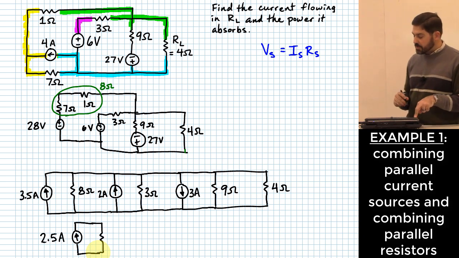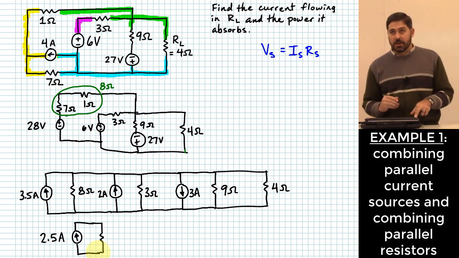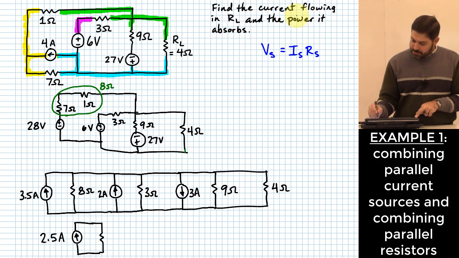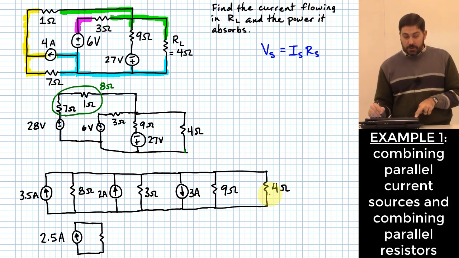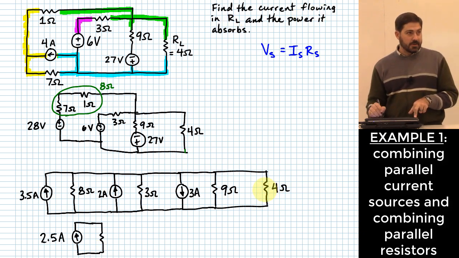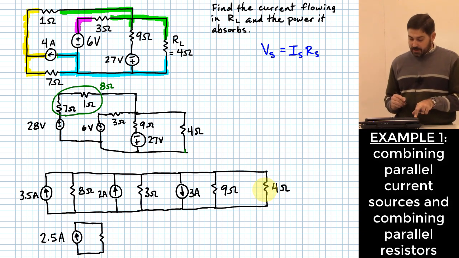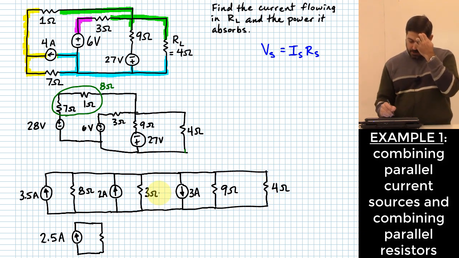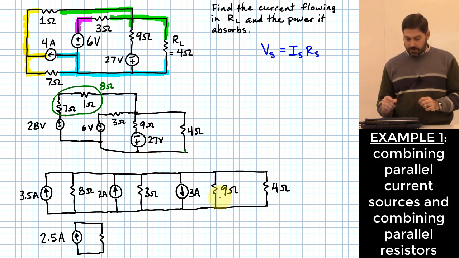Okay. And then how do I combine all of my resistors except for the one that I want to know about? I'm supposed to find the current flowing in RL, so I don't want to include RL in this last step. But I want to combine all my other resistances, the 8 ohm, the 3 ohm, and the 9 ohm. What do I do for that?